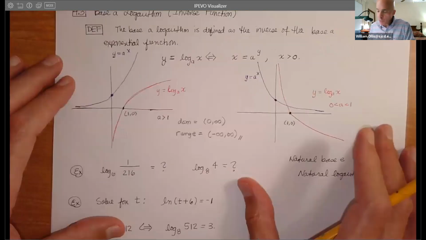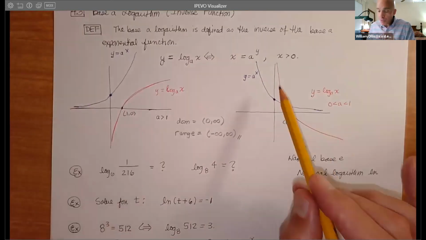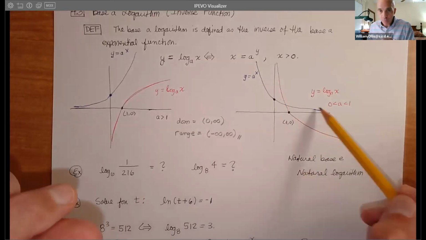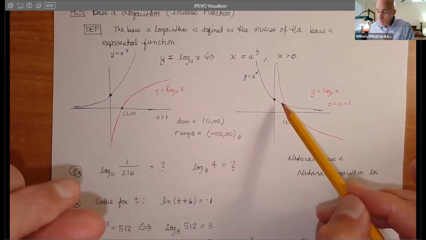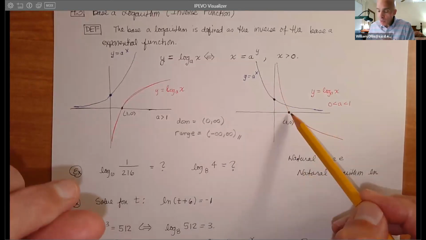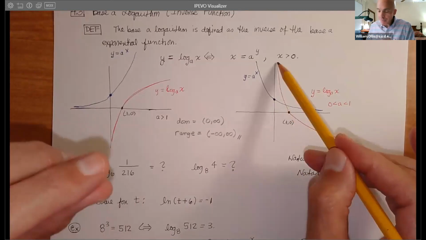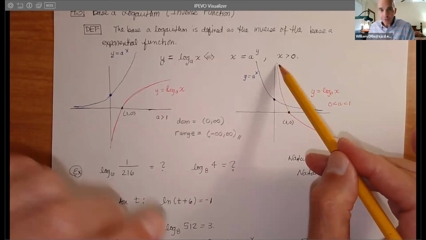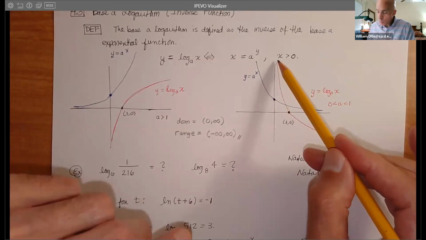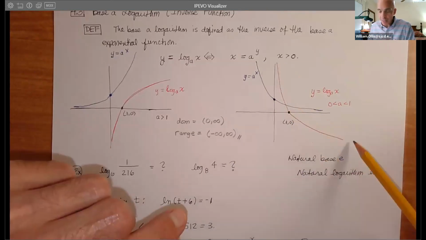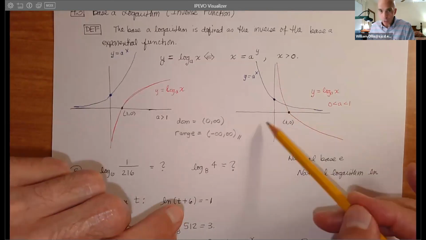So the only other difference here is, remember, with the decreasing exponential function, again, we get the new point (0, 1), but now we're actually approaching x equals 0 from the positive infinity sense. So now the natural logarithm in this case looks like this, and of course we've got the symmetry line going on.